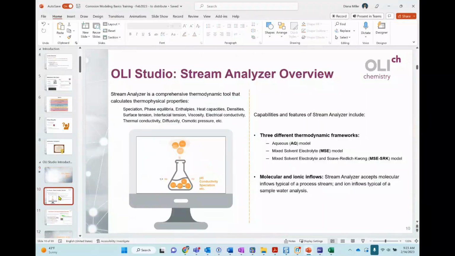The Stream Analyzer software, I already talked about this, has 3 different thermodynamic frameworks. The AQ model was our first model, created when this company was created, so it's our legacy model. But it has some limitations when it comes to concentrations of ions or salts.